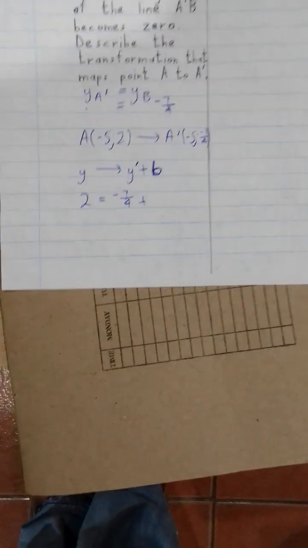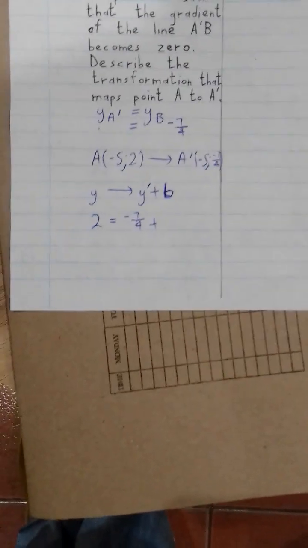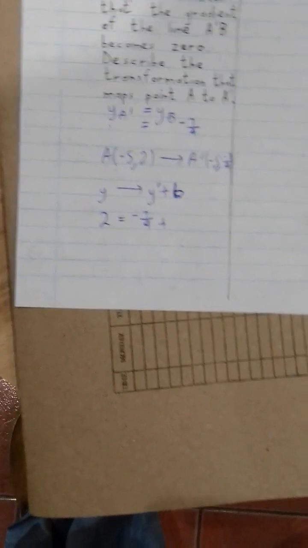Because remember, it is a translation: x, y becomes x plus a, y plus b. So we need to find the value of b.